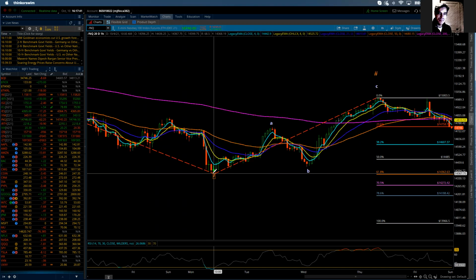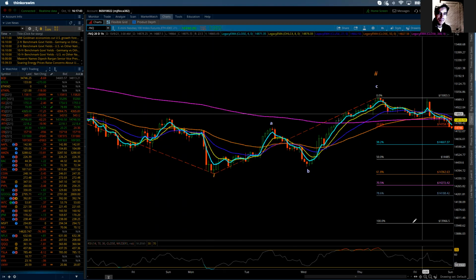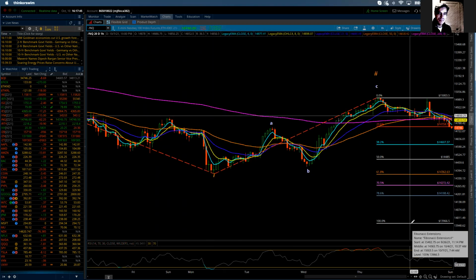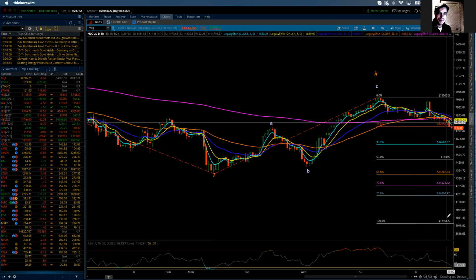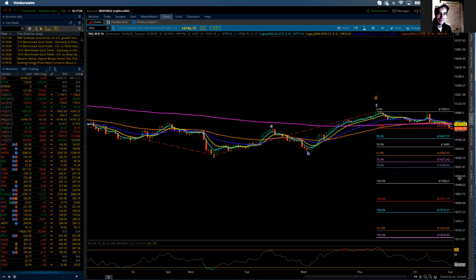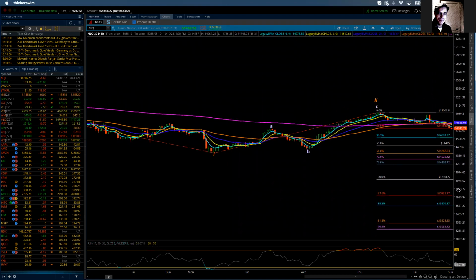Has to. Now, first support for the entire third wave would be where -3 is equal to -1, and that comes in at 13,966. But I don't think that's where that stops. That again, not a third wave, not in this position, not in this size. So this is where I'm looking for.